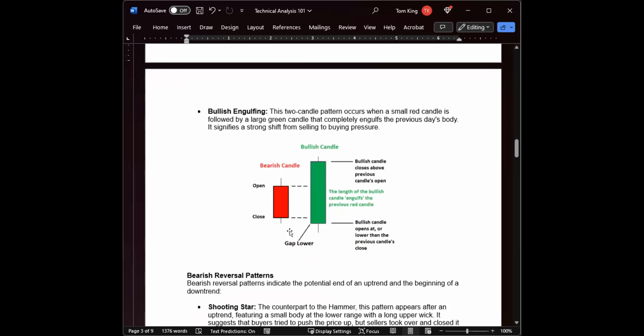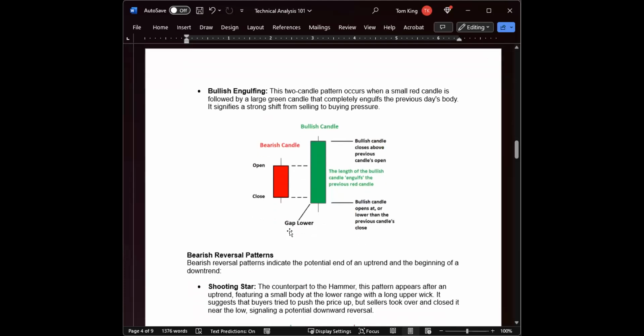And then you also have a bullish engulfing pattern. Essentially, you have a small bearish red candle here, and the next candle is a bullish green candle where we opened a bit lower than the previous day's close.